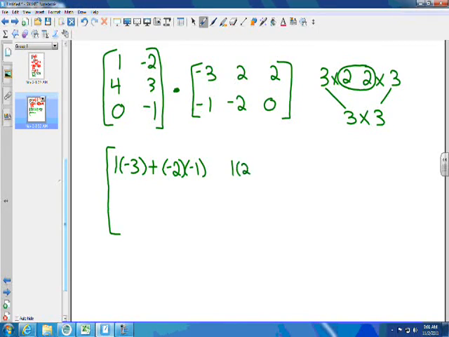So 1 times 2 plus negative 2 times negative 2. And 1 times 2 plus negative 2 times 0. And you do those same 3 for both of those two rows, row 2 and row 3.